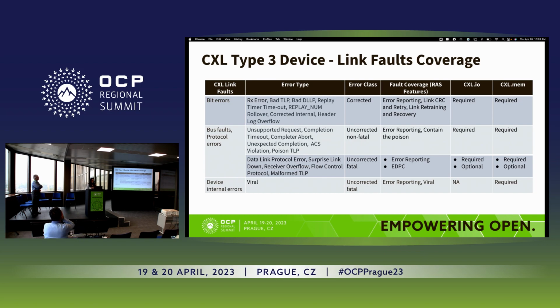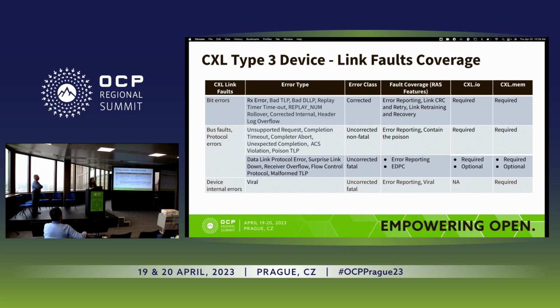Another concept is eDPC. This also comes from PCI, but currently the spec does not define well how to use eDPC for CXL.io and CXL.mem. So we are working with the consortium to identify how we can isolate link level errors for CXL.io and CXL.mem and contain them to a specific link. The last one is device internal error.